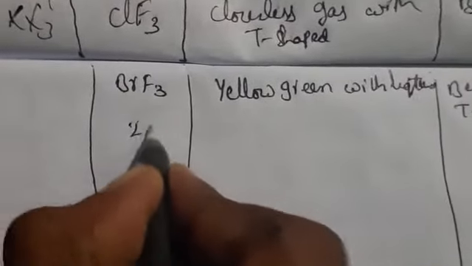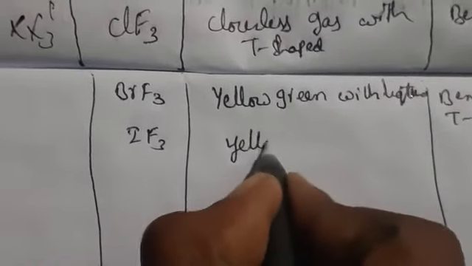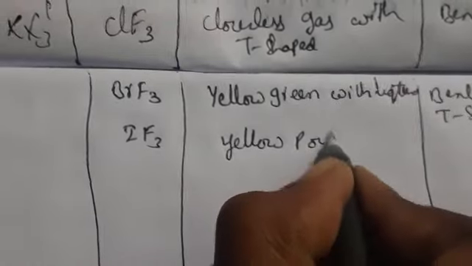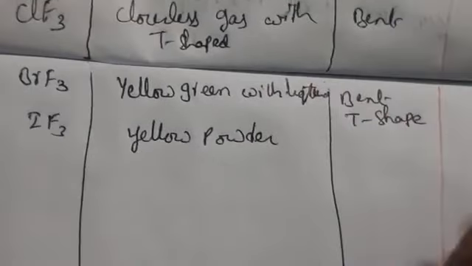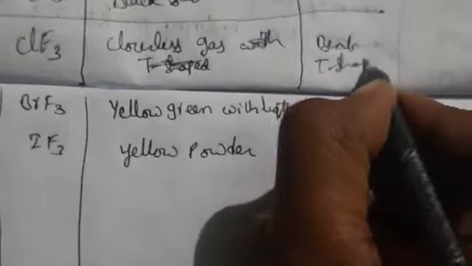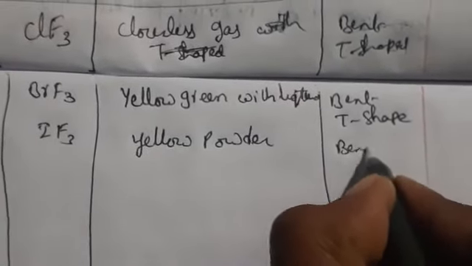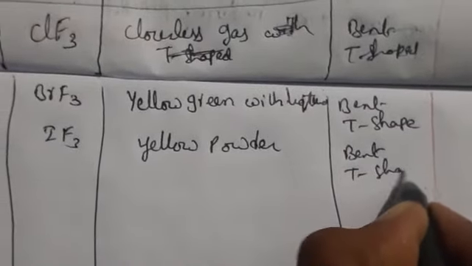And coming to IF3, it is a yellow powder. This also has the same structure. Whenever you take 3, it automatically has the same structure, that is, the T-shaped structure. So here it is bent, here also T shape.